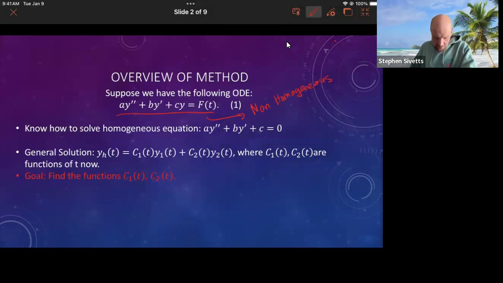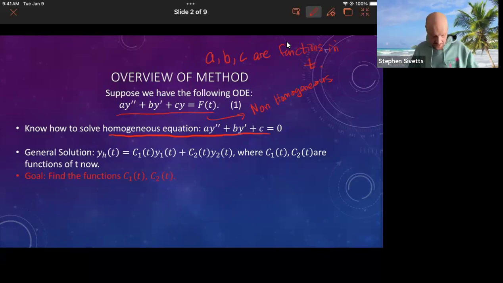So far we know how to solve homogeneous differential equations like this, right? A times y double prime plus b times y prime plus c equals 0, right? And in this example, we're going to assume that a, b, and c are functions in t.